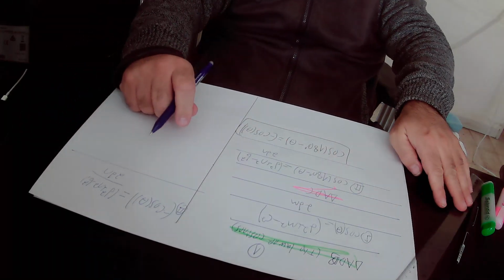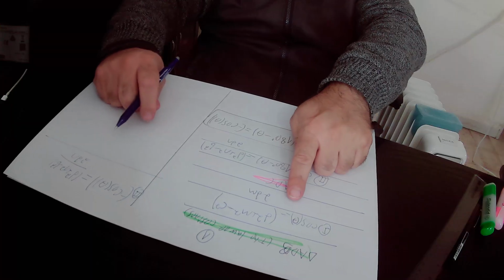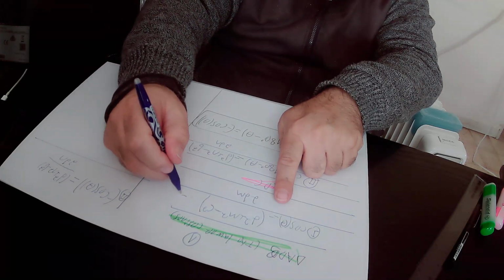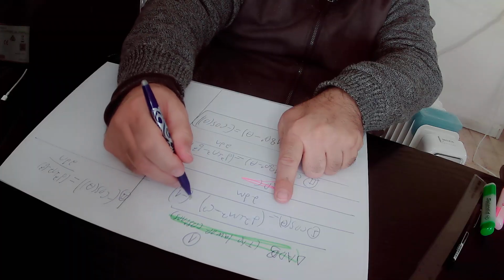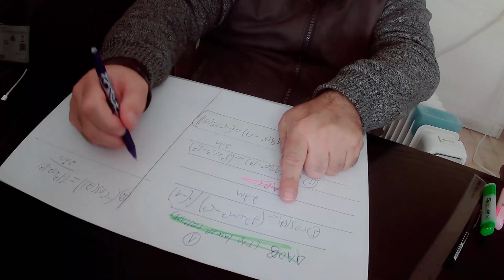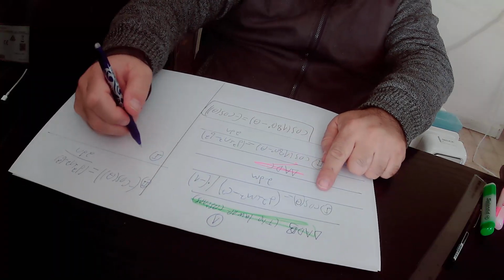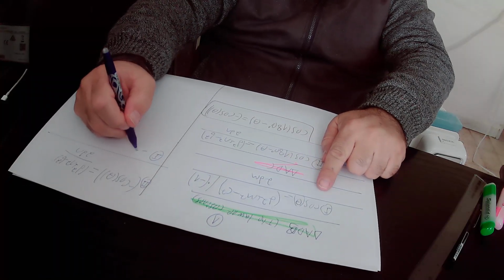In the next step, we will multiply this equation number 1 by minus 1. And we'll get that cosine theta times minus 1 is minus cosine theta.